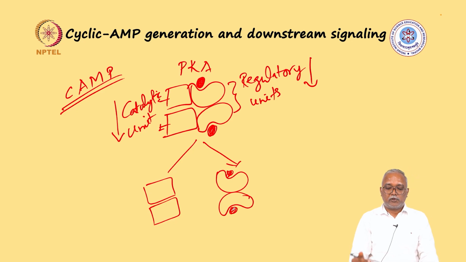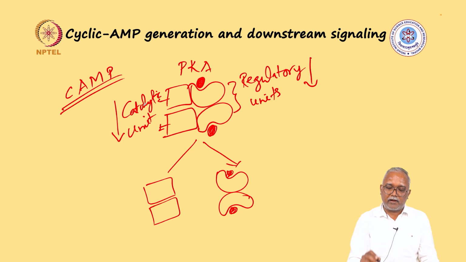regulatory unit. This again emphasizes the fact which I told earlier, that in case of signaling you will see that small modifications which happen to signal, receptor, effector, adapters and so on, change the affinity for certain proteins and protein-protein interactions. So here, in the unavailability of cyclic AMP, this regulatory unit was binding to the catalytic unit and keeping it inactive.